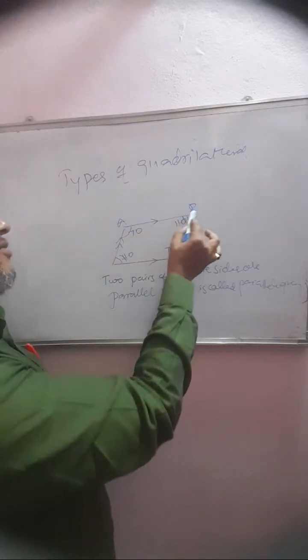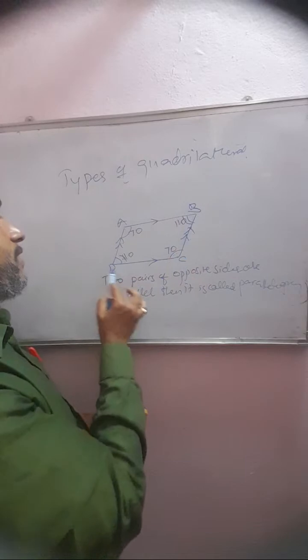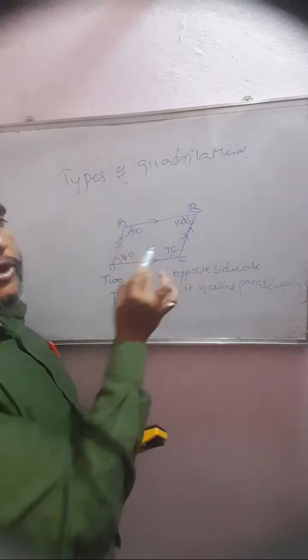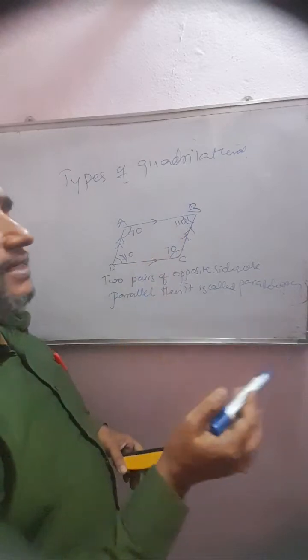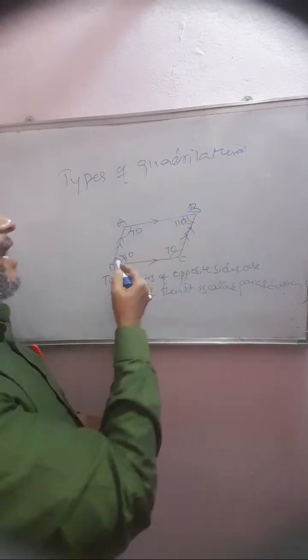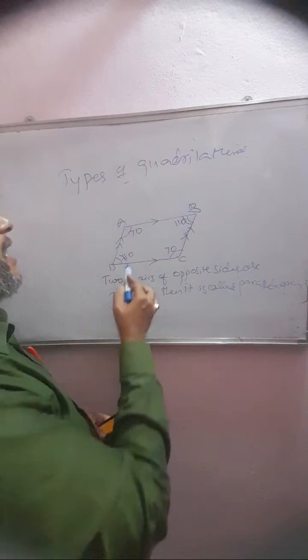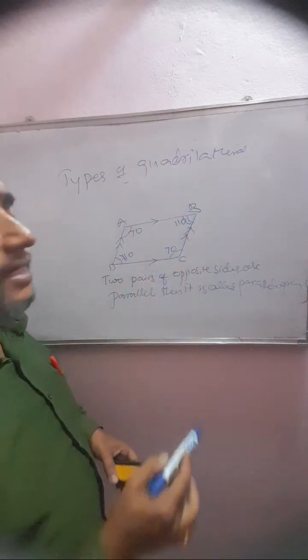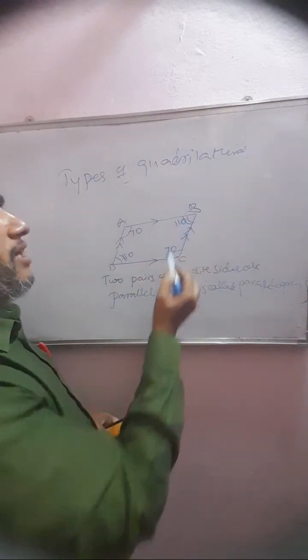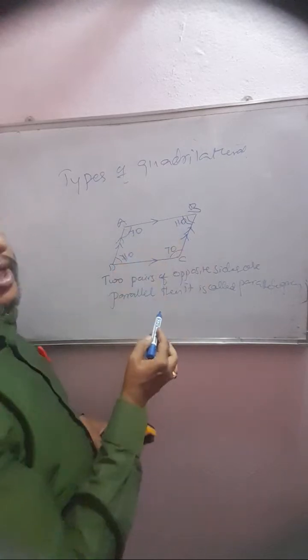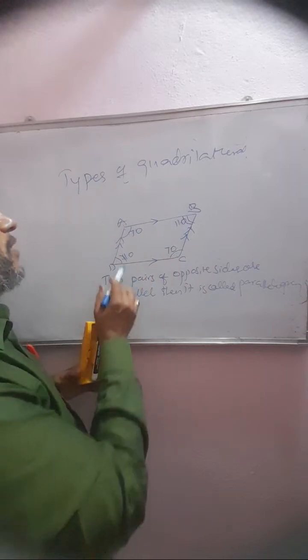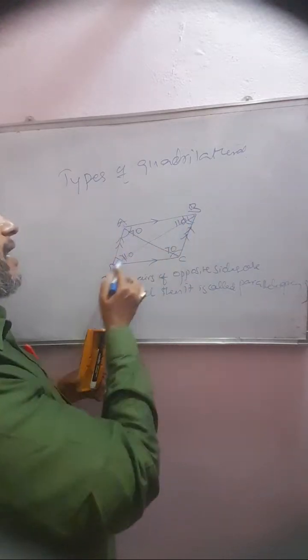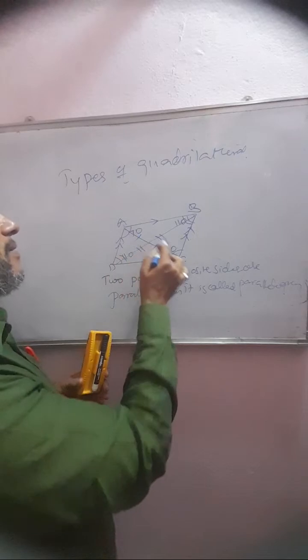Once again, I will tell you, ABCD. A and C are opposite. A and B are adjacent. B and D are opposite. And B and C are adjacent. The sum of these two is 180. The sum of these two is 180. The sum of these two is 180. So in a parallelogram, diagonals bisect each other.